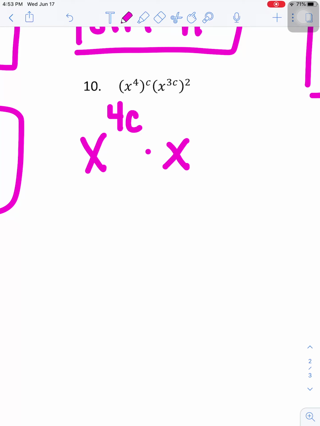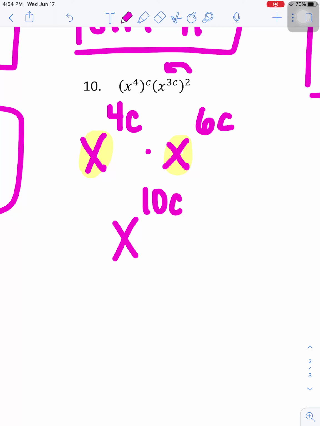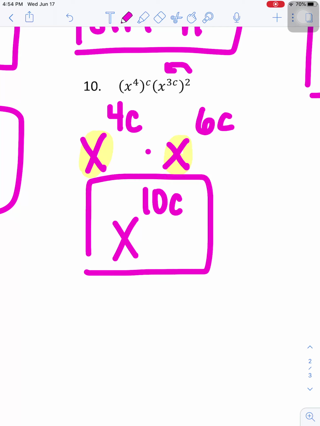When you multiply your exponents, 3c times 2 is 6c. Notice at this point you have 2 terms that have the same base. When they have the same base, we keep the base, and you're going to add those 2 exponents together. So 4c plus 6c is 10c.